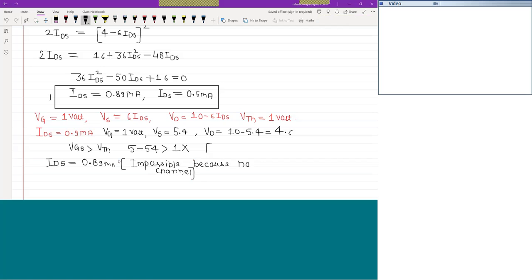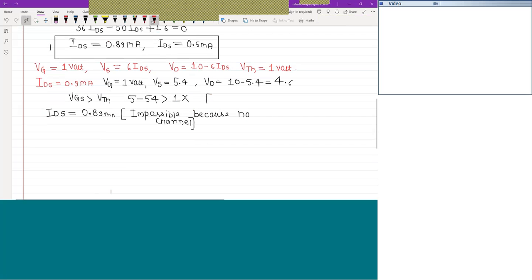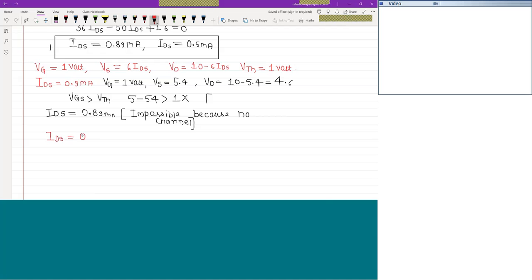Now let's select IDS equal to 0.5 milliampere. Suppose I took the value of IDS as 0.5 milliampere.